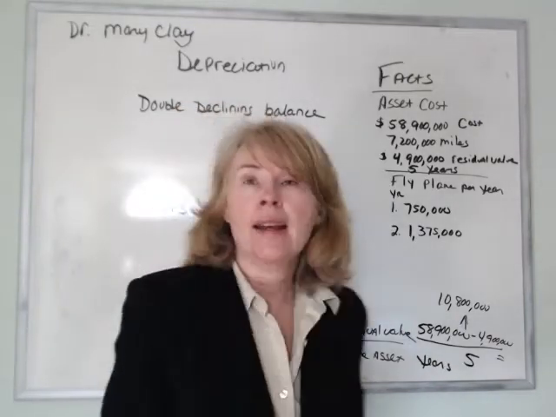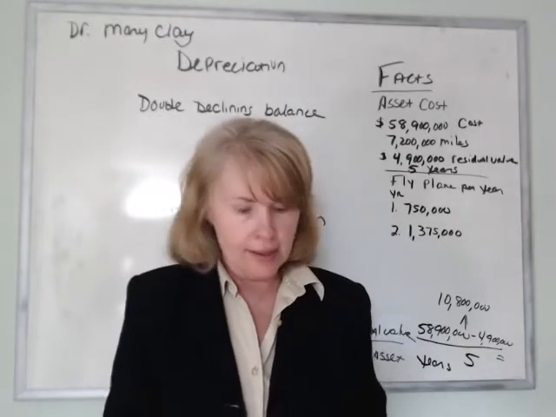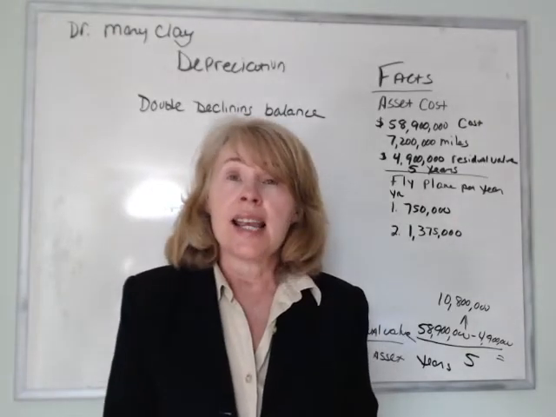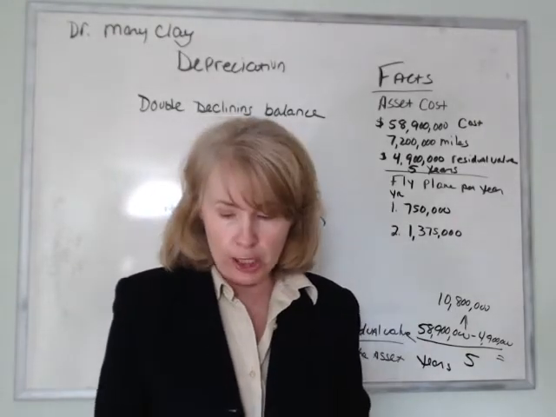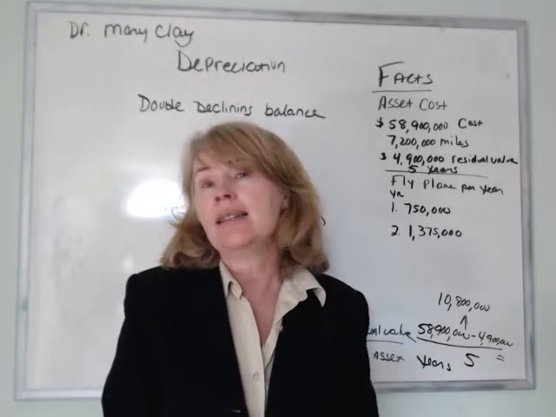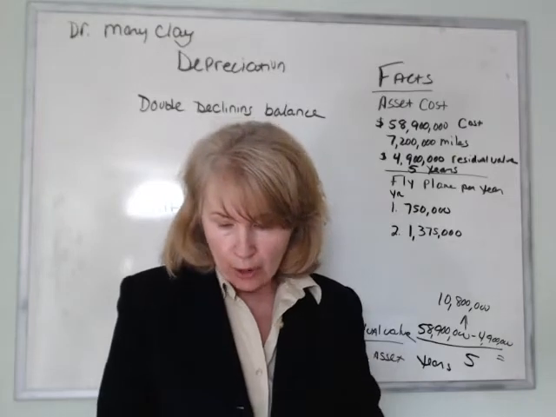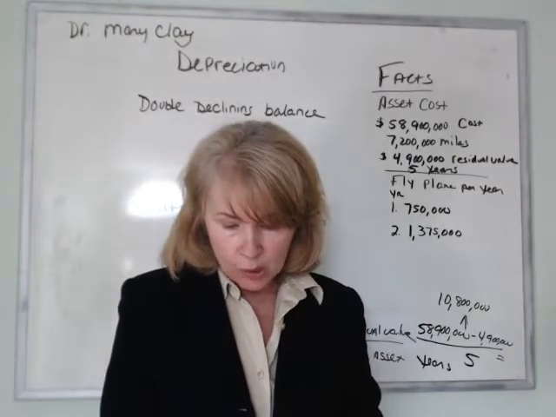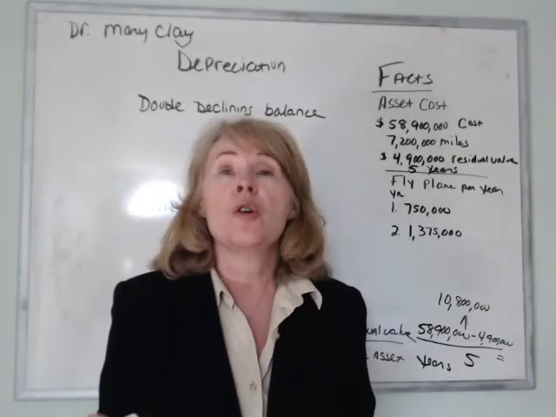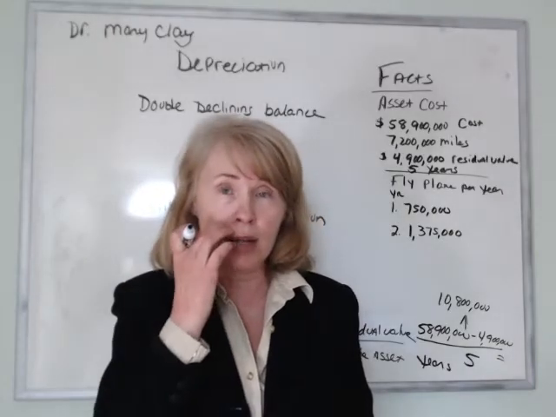Okay? All right. Straight line is the easiest. Why? Because as long as you purchased it on January 1st, it is exactly the same every year. So, we already did it for year 1. Guess what? Your answer will also be $10,800,000.